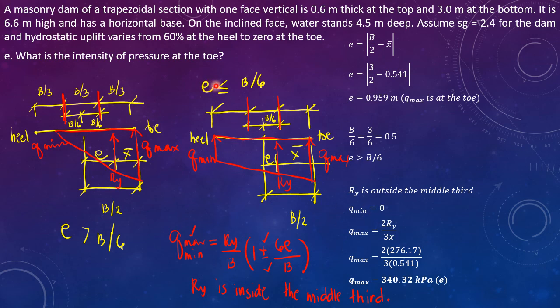But if E is less than or equal to B over 6, this is the value of Q maximum and Q minimum. In this case, Ry is outside the middle third, whereas in this case, Ry is inside the middle third.